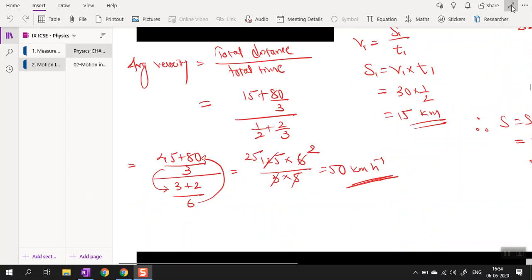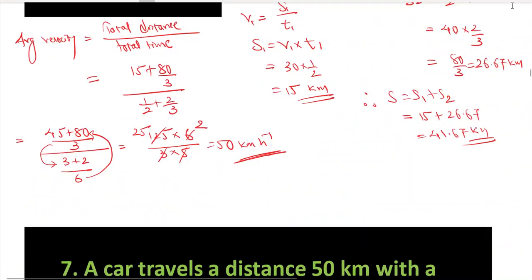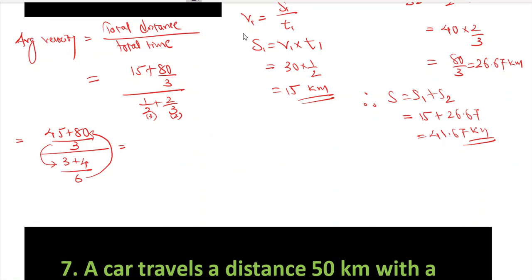Okay, so I got my mistake. I actually did a mistake in taking LCM. So here, this should be 4. 3 plus 4, because 3 twos are 6. So here 3 will be multiplied, and here 2 will be multiplied. So it will be 4, and see, this is the mistake. So their answer is perfect.